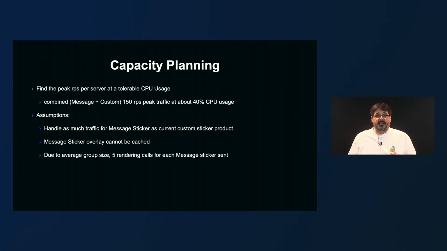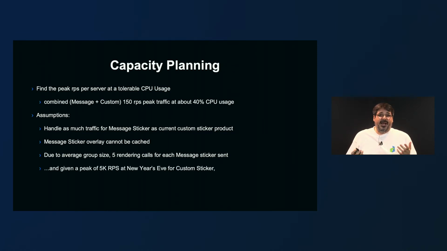We also looked at the average group size on our platform, and since every client fetches the overlay for itself, we could expect about 5 rendering calls for each message sticker that was sent.